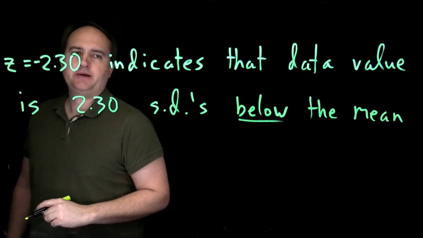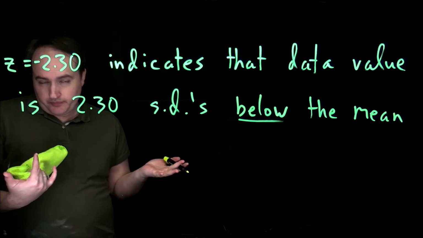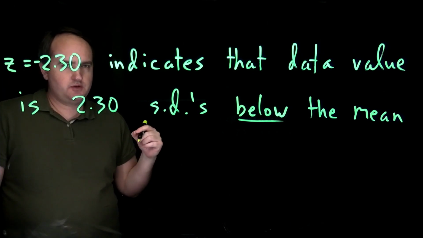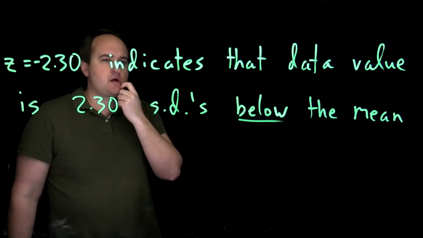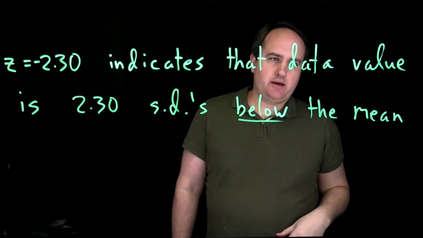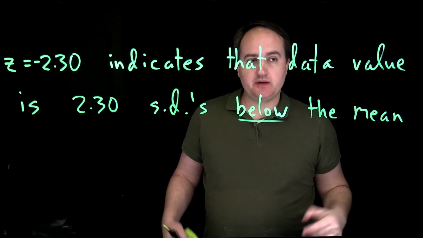Okay. And then if you have a positive z-score, that will indicate the number of standard deviations your data value is above the mean. Okay. All right, so let's actually use the formula and calculate some z-scores.